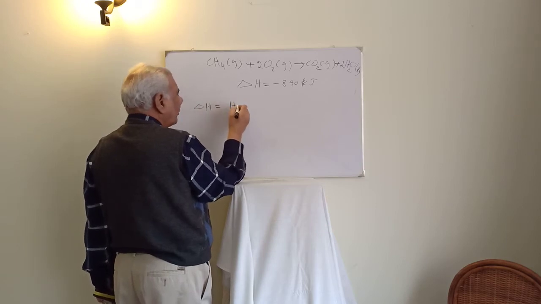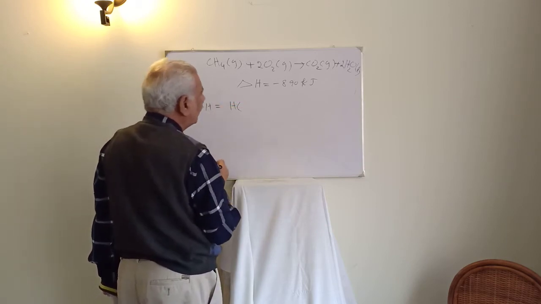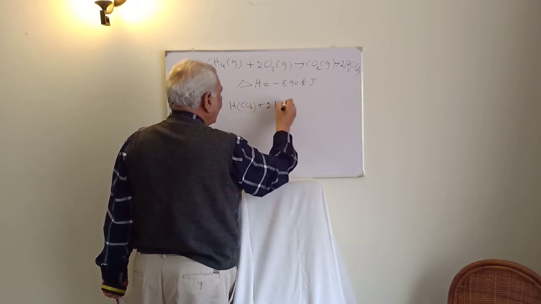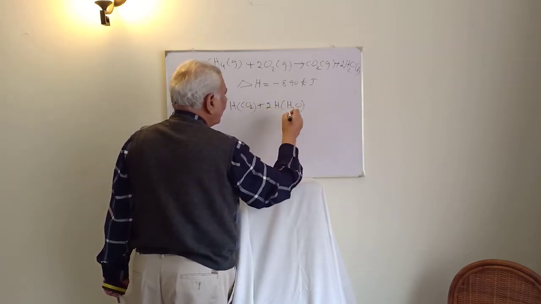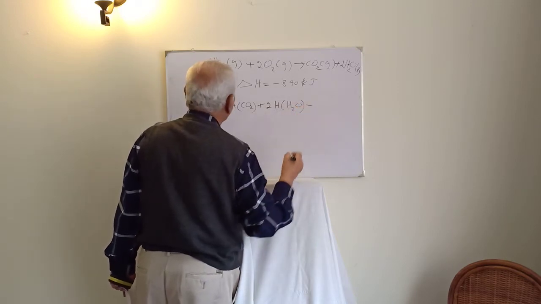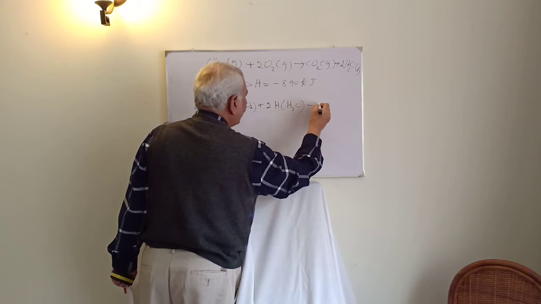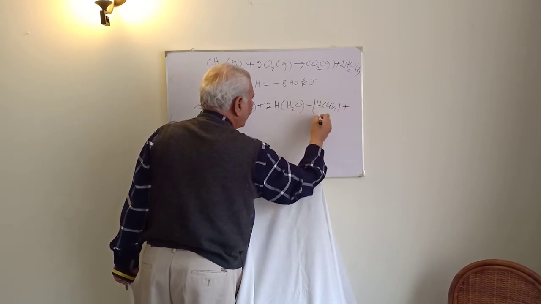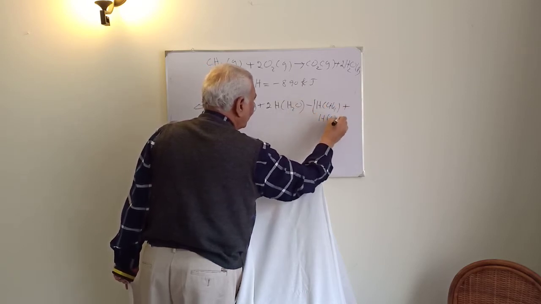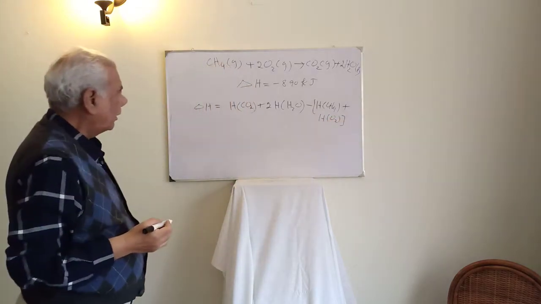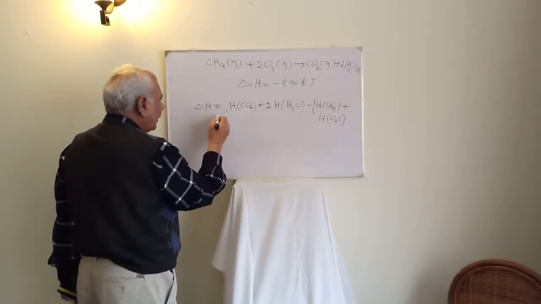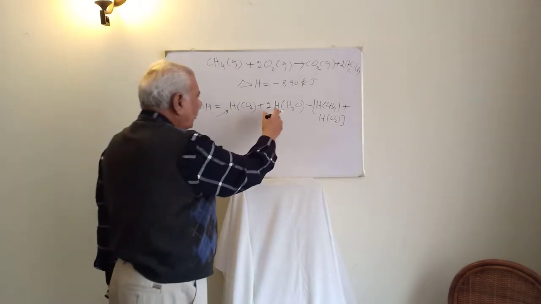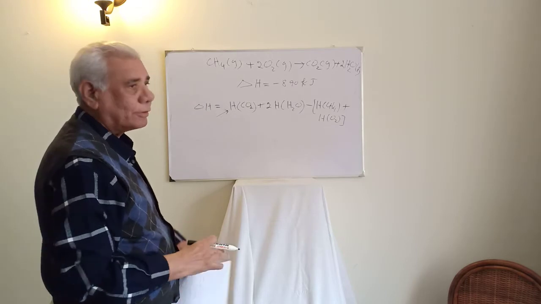So this delta H we can write as H of CO2 plus twice H of H2O, minus H of CH4 plus 2 H of O2. Now here you see that this is the enthalpy of carbon dioxide, then the enthalpy of water, similarly the enthalpy of methane and oxygen.